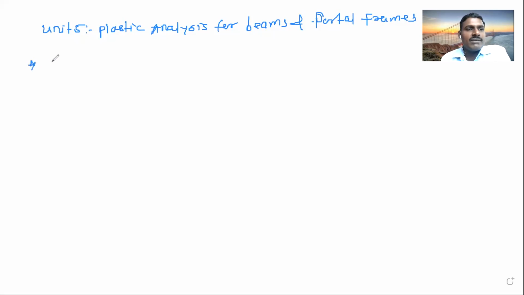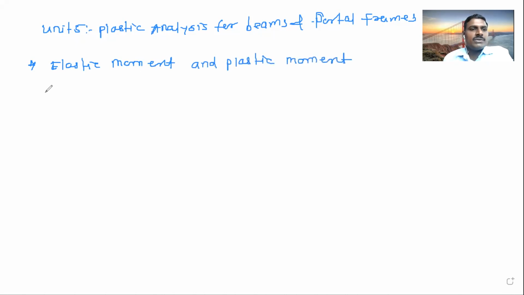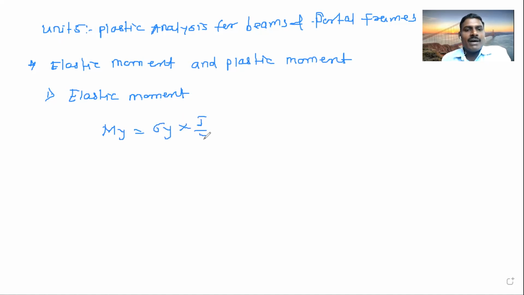So the first point I will write here: elastic moment and plastic moment. Write this down. First, elastic moment. Elastic moment My is equal to sigma y into I by y.